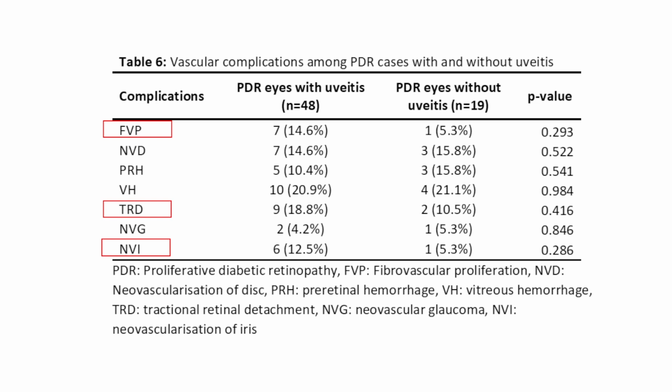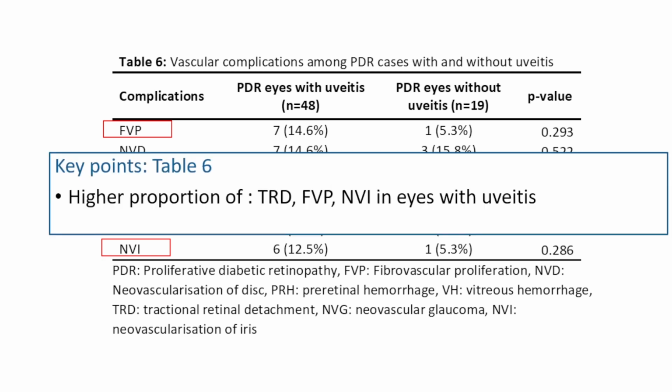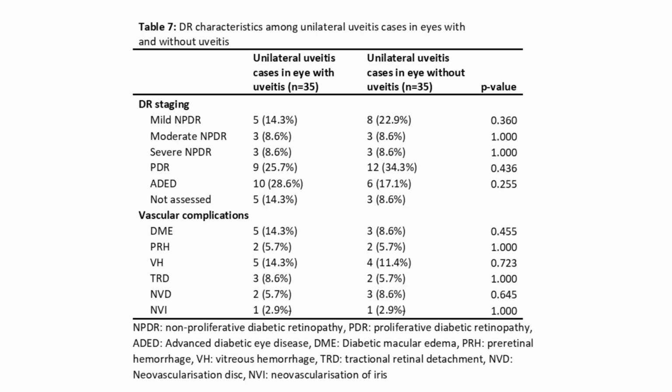On the other hand, neovascularization of disc, preretinal hemorrhage, vitreous hemorrhage, and neovascular glaucoma were noted to be almost similarly distributed among both the groups. So here, among our patients with proliferative diabetic retinopathy, we noted a higher proportion of tractional retinal detachment, fibrovascular proliferation, and neovascularization of iris in the eyes with uveitis.